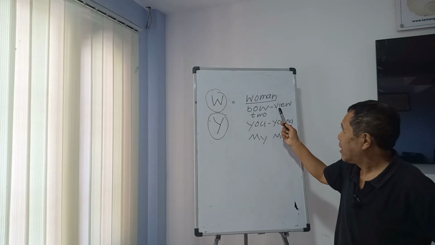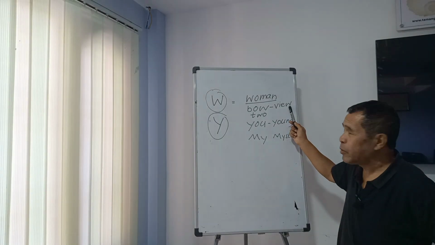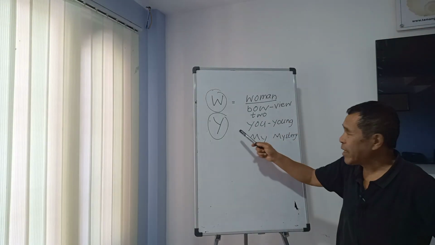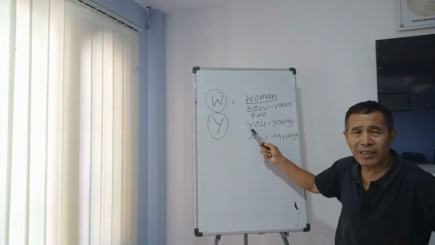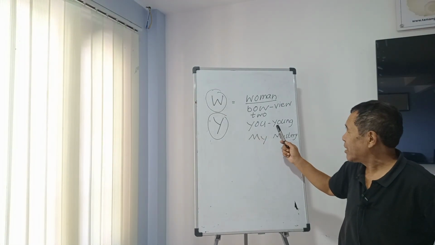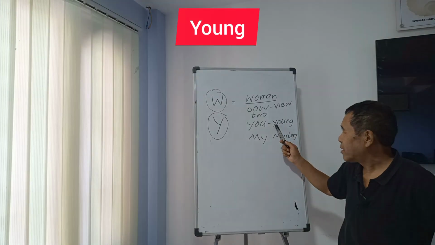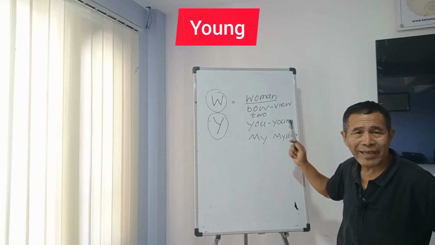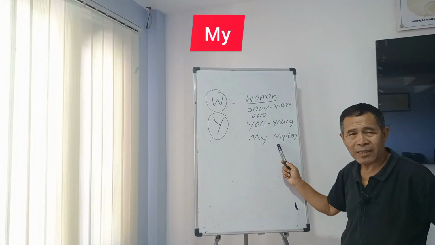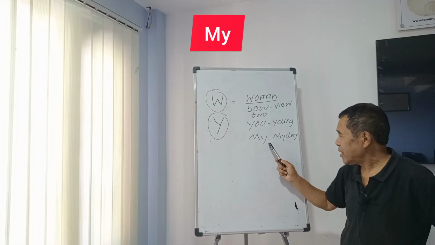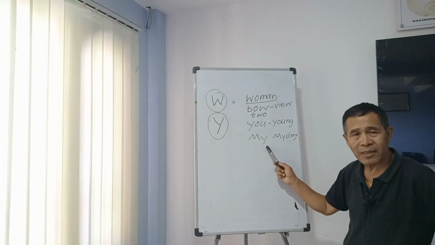Now here again, view. W is at the end. In the same way, this Y letter: Y is at the beginning in young. In this word, Y is at the beginning. Now next, my. Y is at the end.